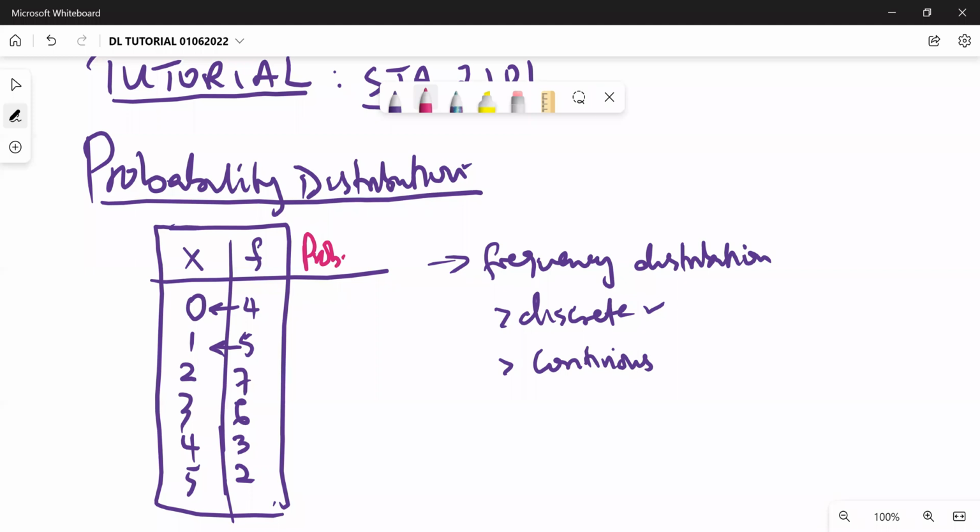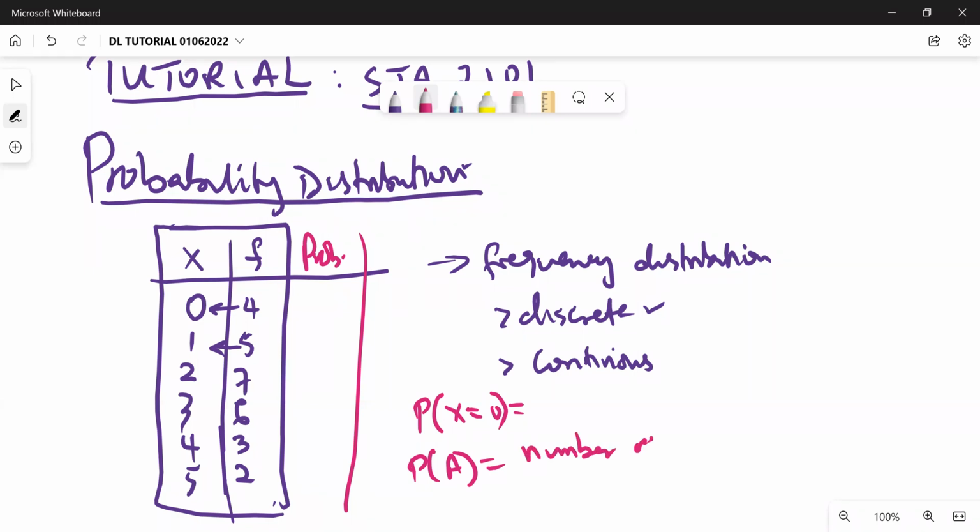So now what we need to do here is to find these probabilities. Probability that X is equal to 0. And from the basic definition of probability, we know that probability of an event A is given by the number of times A occurs, divided by the total number of possible outcomes, which you can simply call N. So N in our case is the summation of frequencies here.